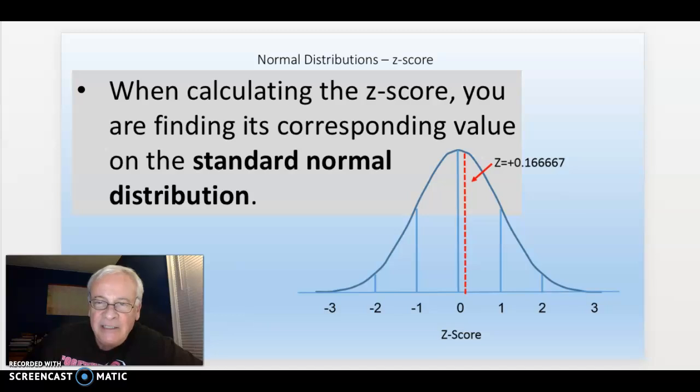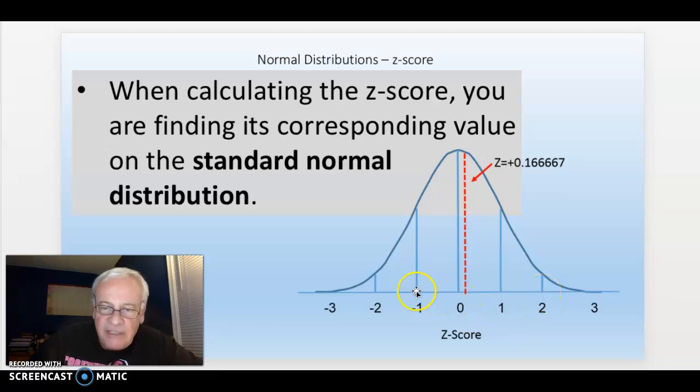When calculating the z-score, really what you're doing is finding its corresponding value, the value down here along this number line, on the standard normal distribution, which is what this is right here. You see where 0 is the mean? And this is one standard deviation away, it's just called 1. And 2 standard deviations away is just called 2.